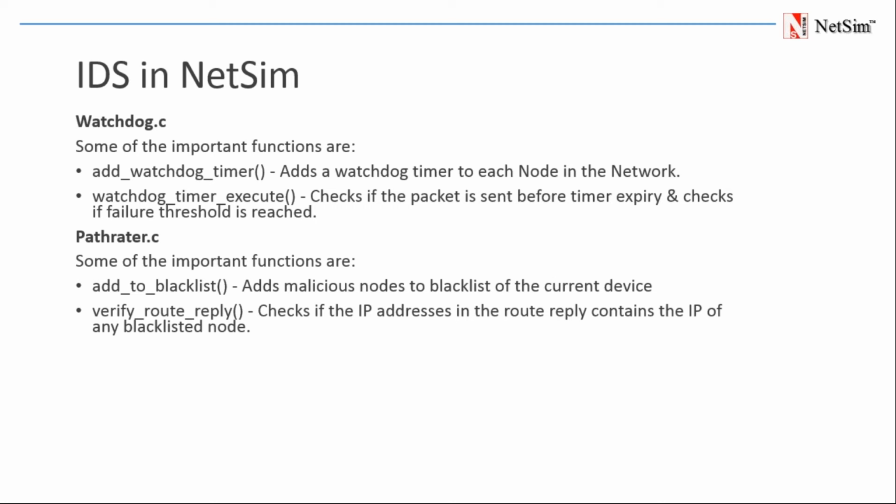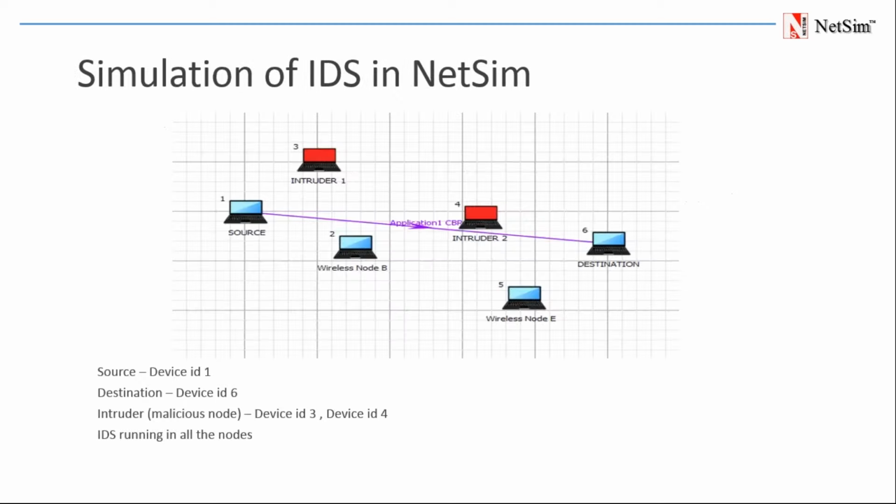Then the pathrater.c file has two main functions: add to blacklist, which adds a malicious node to the blacklist of the current device, and a function that verifies the route reply and checks if the route reply contains the IP address of any blacklisted node. So this is the simulation of IDS in NetSim.